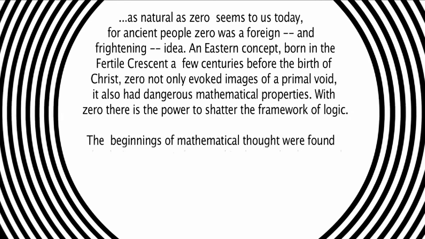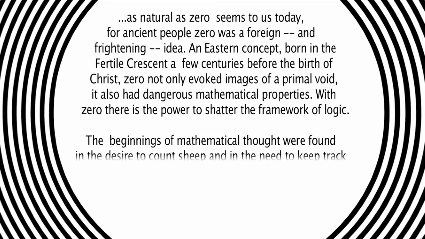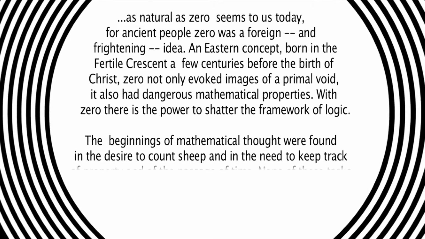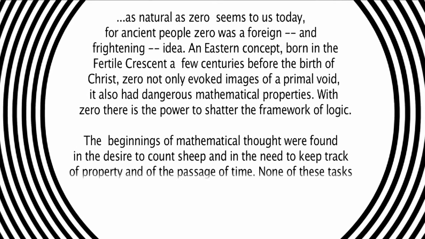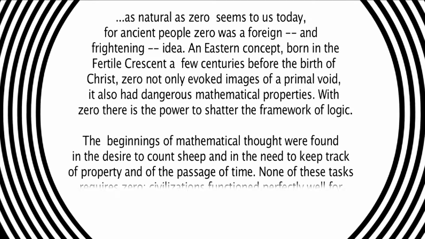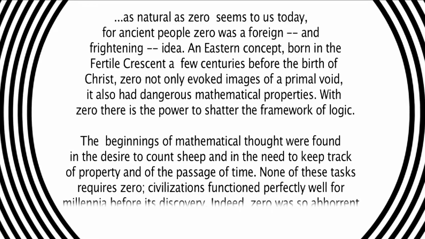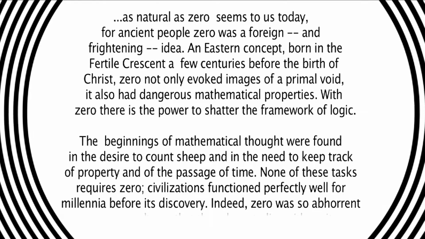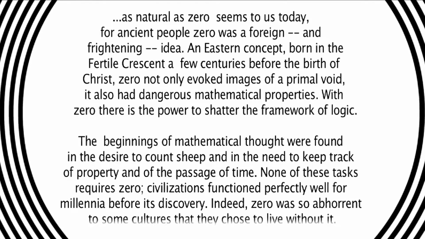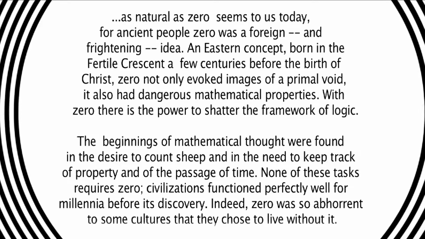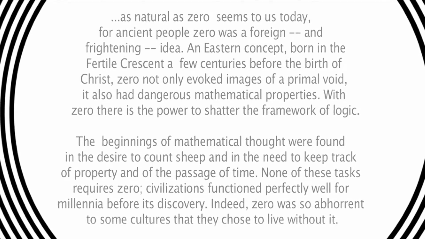The beginnings of mathematical thought were found in the desire to count sheep and in the need to keep track of property and of the passage of time. None of these tasks requires zero. Civilizations functioned perfectly well for millennia before its discovery. Indeed, zero was so abhorrent to some cultures that they chose to live without it.